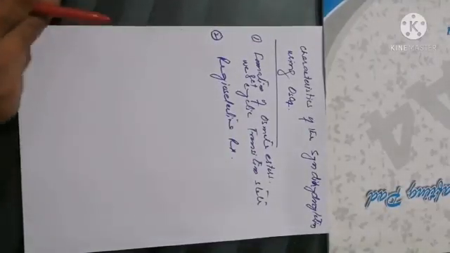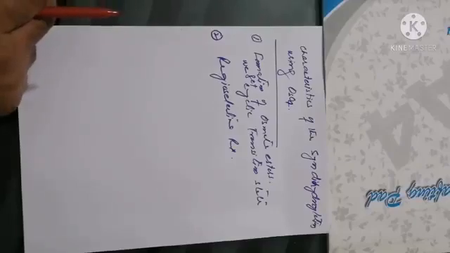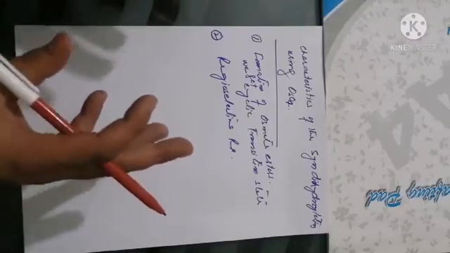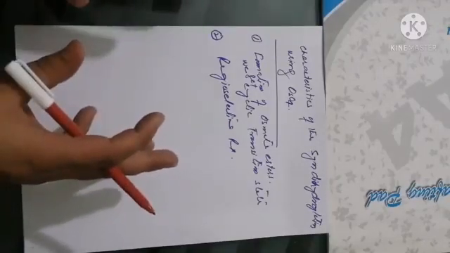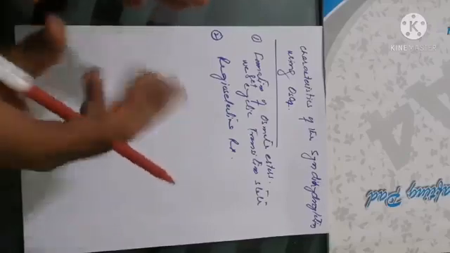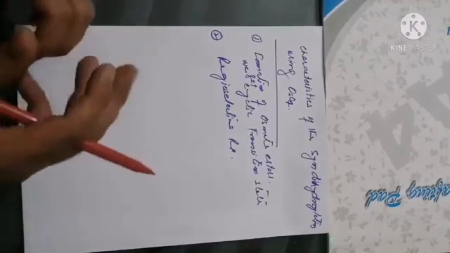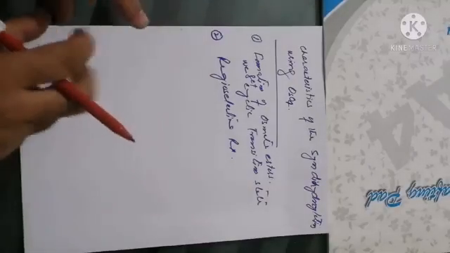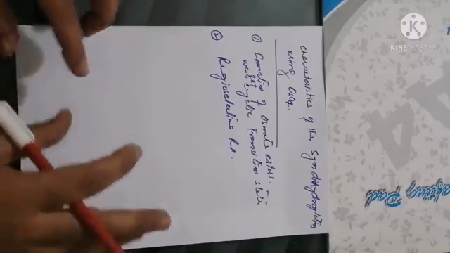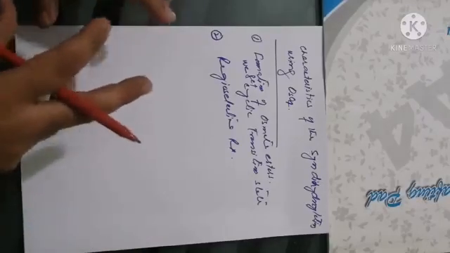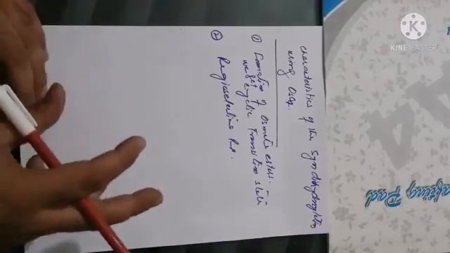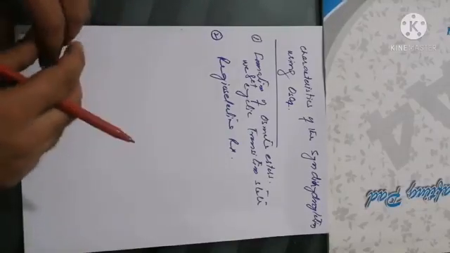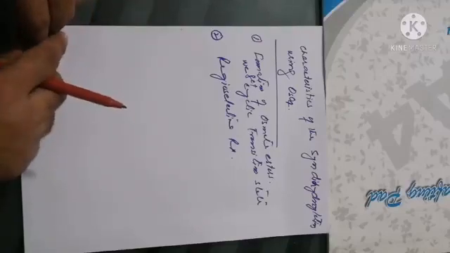In our previous class, I talked a little bit about regioselectivity: in a starting molecule, if you have two reactive sites, which site will be the more reactive and which one will be the less reactive depends upon the nucleophilicity of the double bond. We will get two products. One product will be in the major amount, another one in the minor amount. Upon what factor does it depend which product will predominate? It depends upon the nucleophilicity of that double bond.